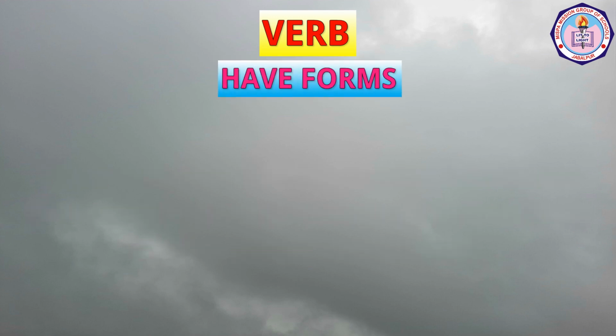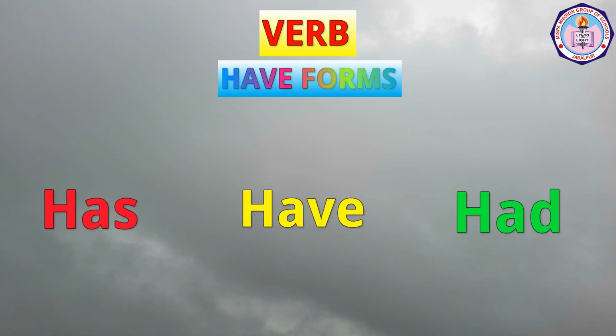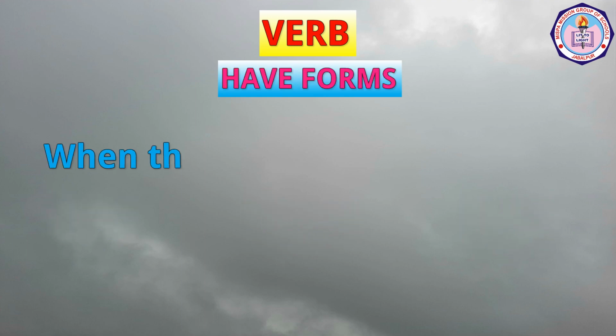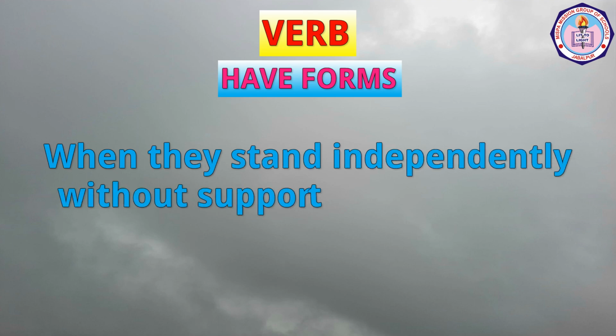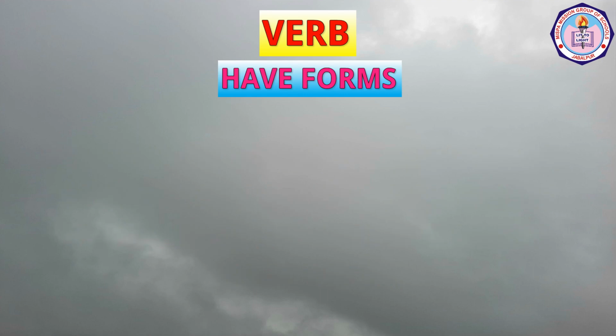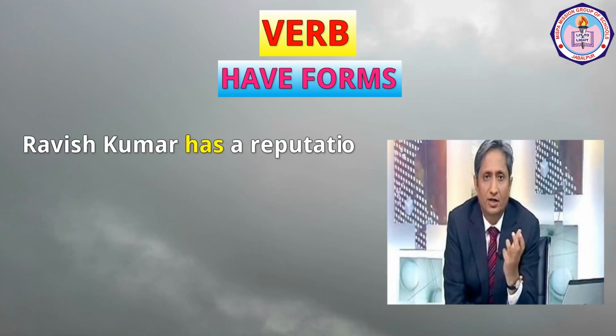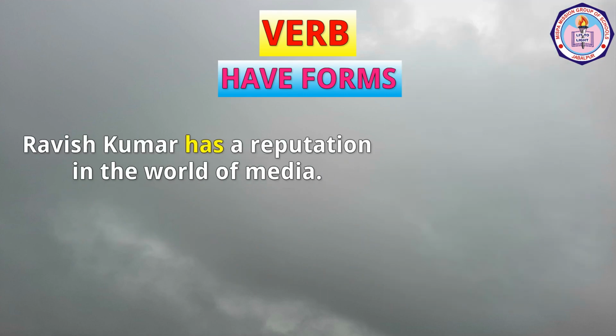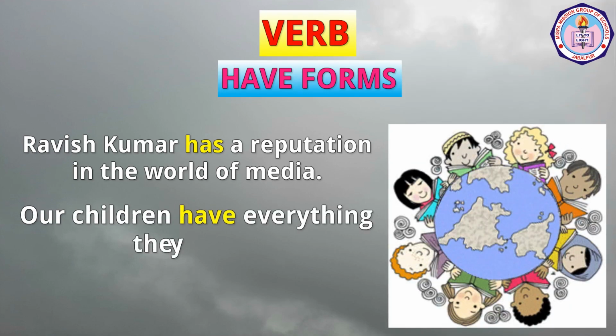Have forms. Has, have, and had are the have forms. When they stand independently without supporting any action verbs, they are treated as the main verbs. For example, Ravish Kumar has a reputation in the world of media. Our children have everything they need.